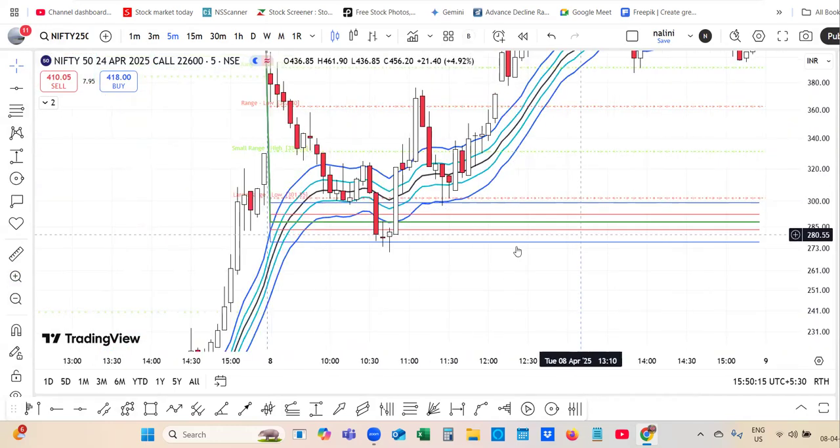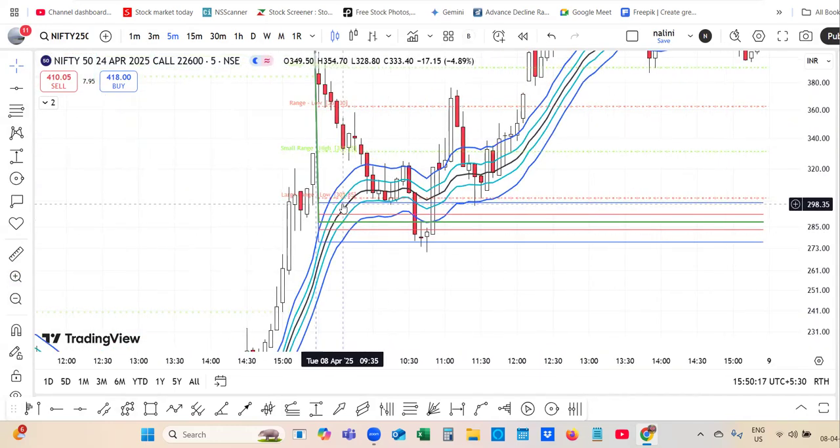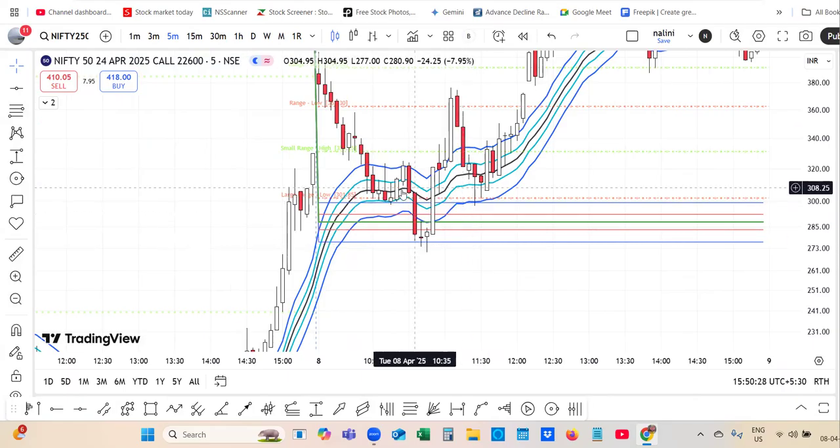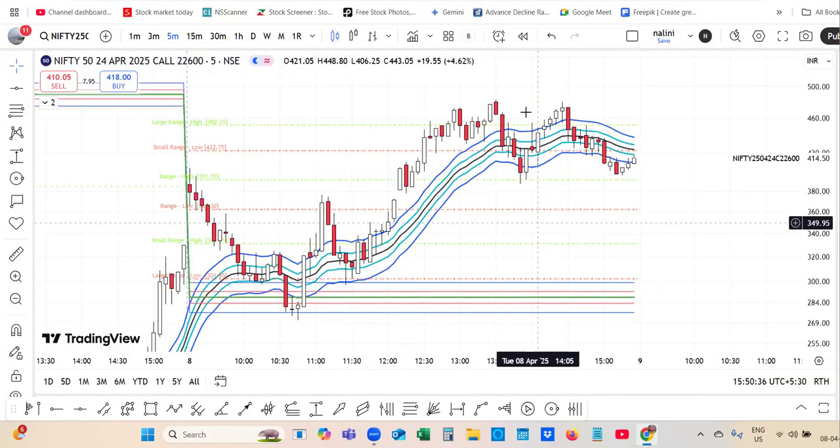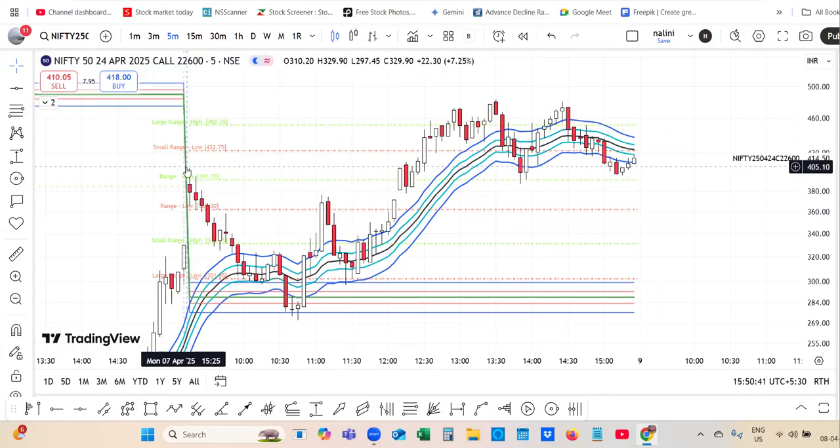These are the levels: 66.6, 26.1, 26.1, and this is 66.6. So the market came down, dipped to this level and took support, exactly around 281, and rallied up to 468. From here, it started coming down. It made a high of 405.